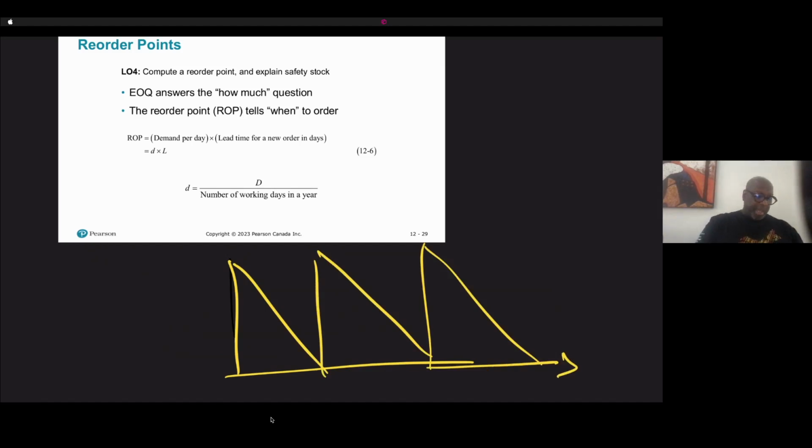If we know our lead time is this period right here, then if we go across, this becomes our reorder point. When the inventory level gets down to here, we place the order, and then the item will arrive here and replenish the stock, and the process repeats itself. So this will always be the reorder point right here.